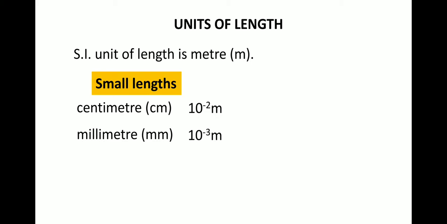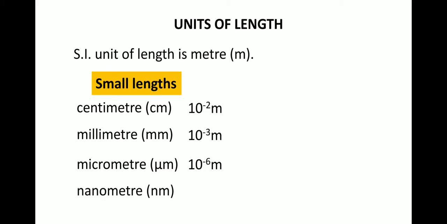Even the smaller unit is micrometer, and it is represented by mu m, okay, and it is the millionth part, that is 10 to the power minus 6 of meter. And even the smaller one is nanometer, represented as nm, and this is 10 to the power minus 9 meter.